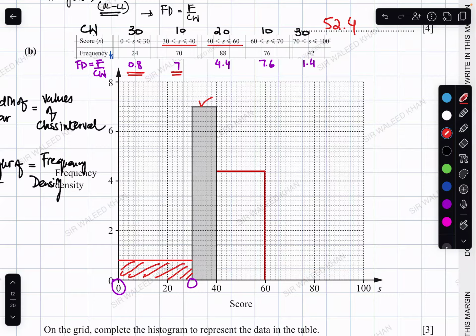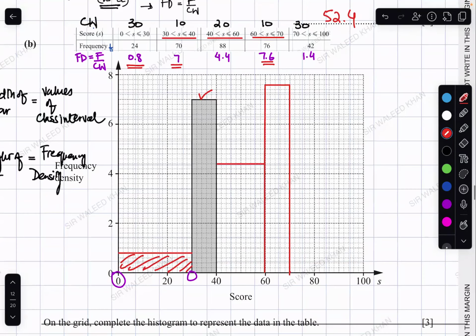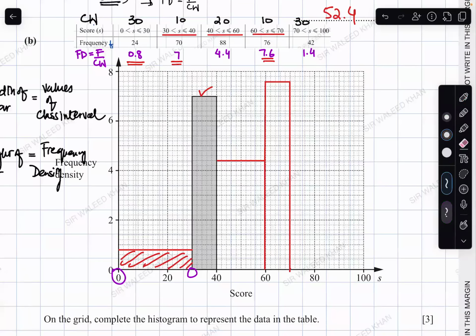Then 60 to 70, the width of the bar and height of the bar is 7.6. 60 to 70 and 7.6. Okay, 70 and 100, we have the width of the bar and height of the bar is 1.4. 70 and 100 and 1.4.